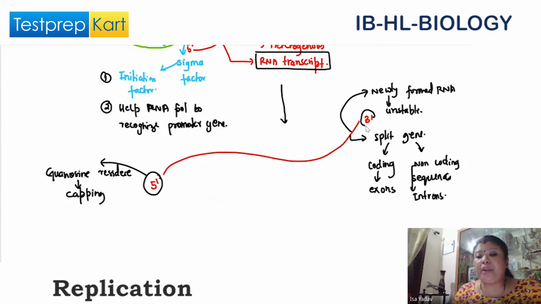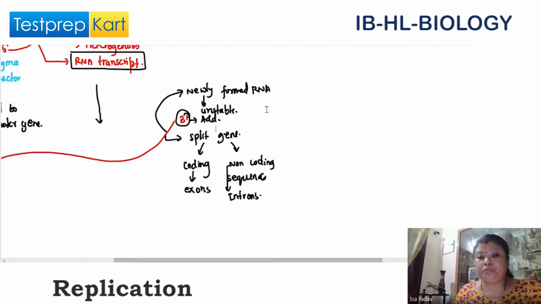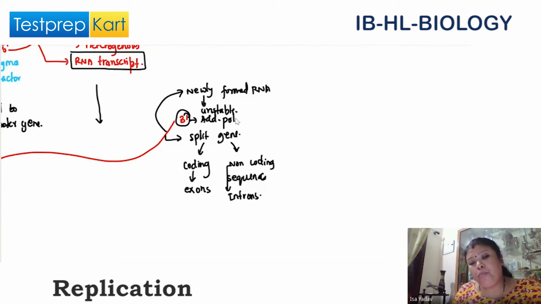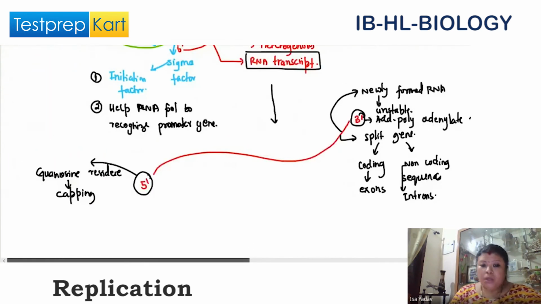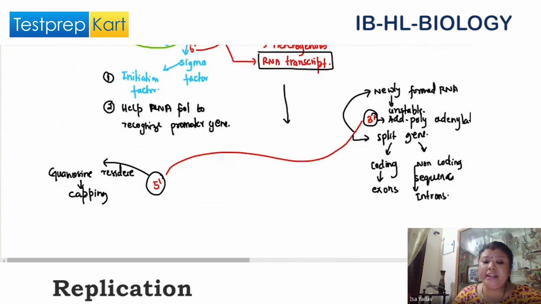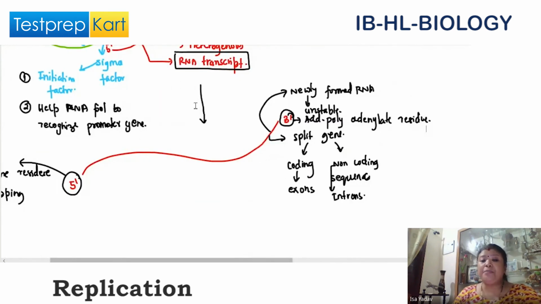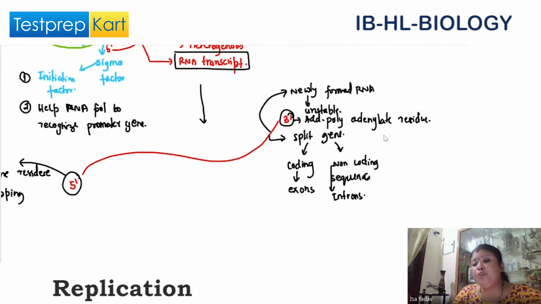At the 3 prime end, I will add a polyadenylate residue. That means there will be a lot of adenine like that.